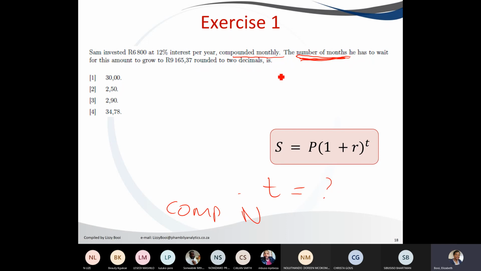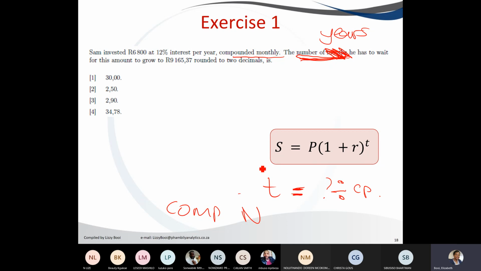Let's say the question was not saying compute the number of months, but it says in years. It changes everything. Since it is compounded monthly, but the answer they want is in years, once you get the answer, you will need to divide that answer by the compounding period.